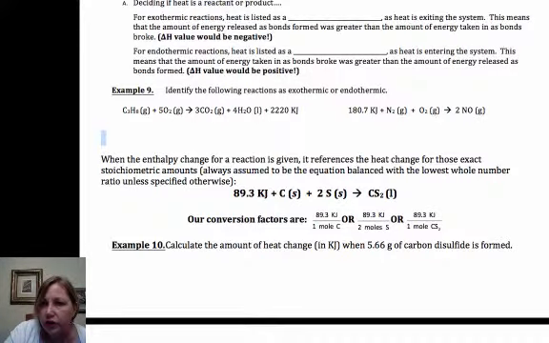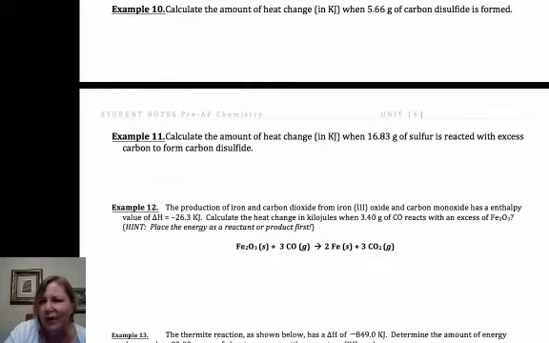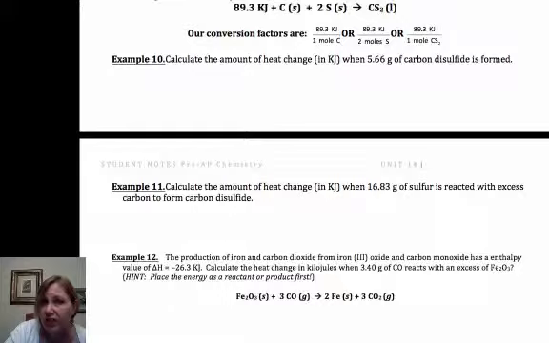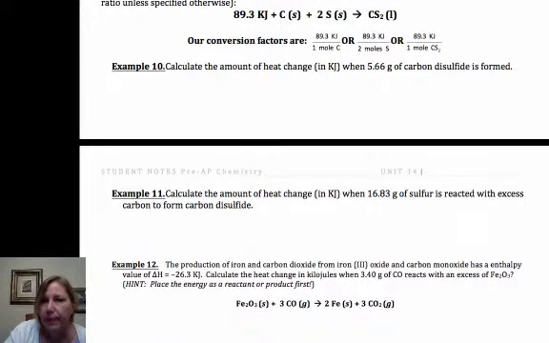I think the tough part of this unit is knowing when to use which calculation. So let's take a look at this one here. We know what to do because, A, we have a reaction, and B, we're given the value of the energy in the reaction.